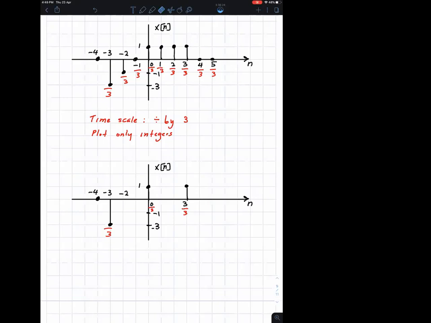So when you remove things, you just remove the others that are not integers. So you're going to have -1, 0, and 1. Okay. If you want to move them, -1 is here.